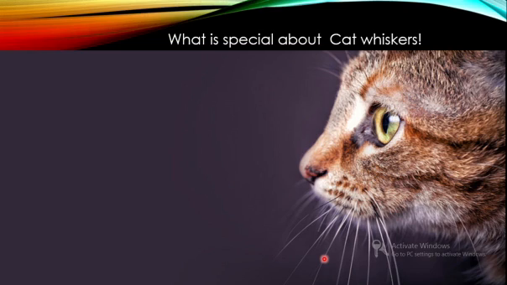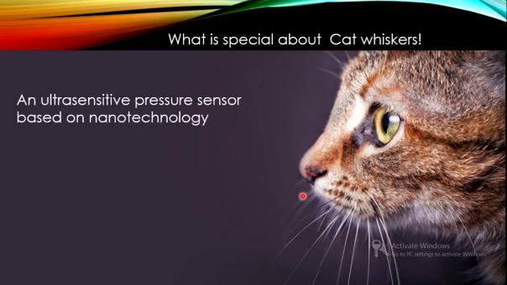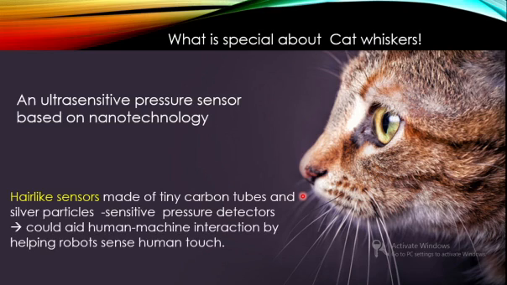Another interesting thing is the cat whiskers. What are these whiskers on the cat used for? Yeah, they are actually pressure sensors. They are ultra-sensitive pressure sensors, and again their size comes in the nanometer range.